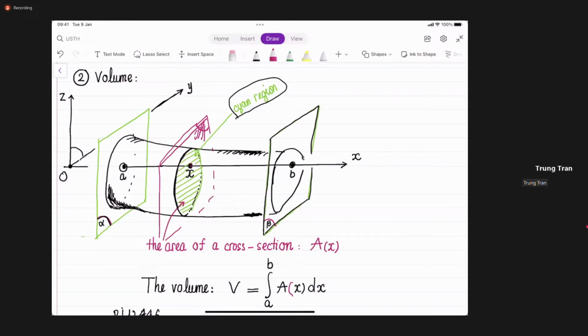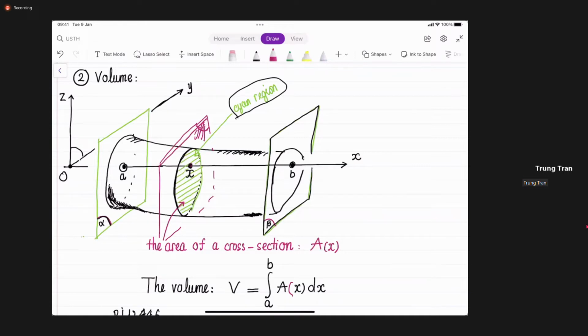By the same approach as in the previous case, you need to find the interval. For example, here you construct 2 planes.